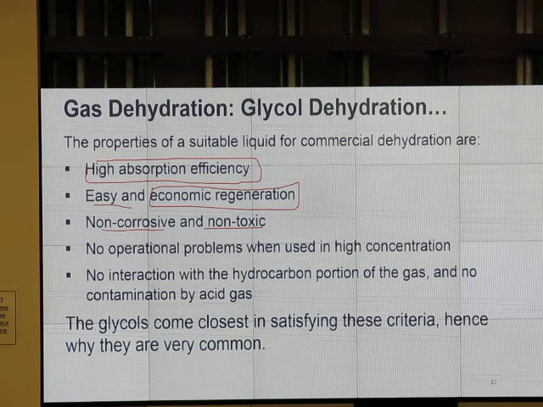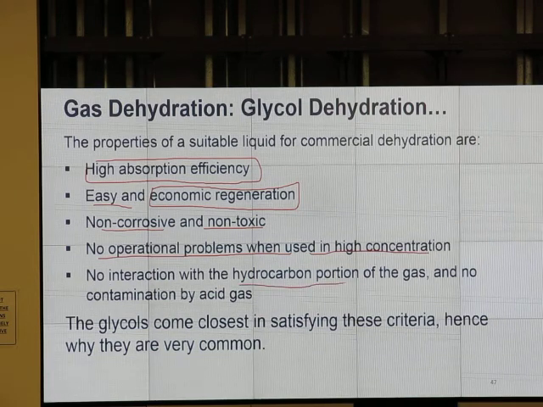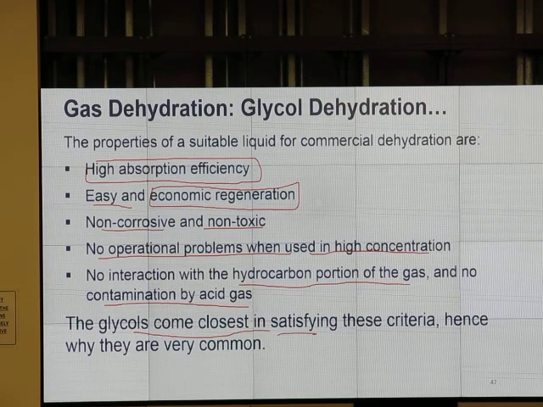It's the same thing as the antifreeze that you use, but this time there's just no water. No operational problem when used with high concentration. No interaction with the hydrocarbon portion of the gas. No common contamination by acid gas. Okay. Glycol comes closest in satisfying these criteria. So therefore they use glycol for dehydration.